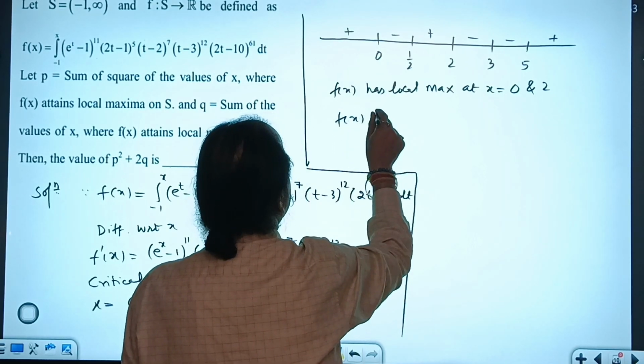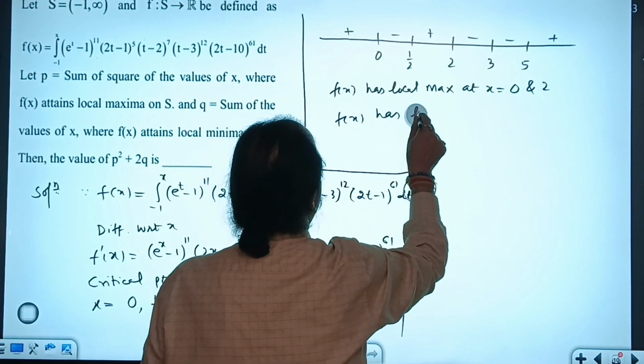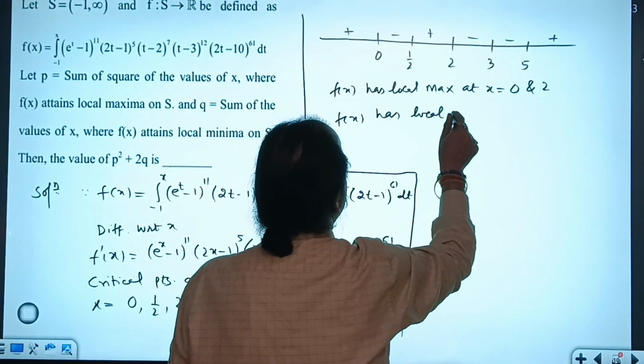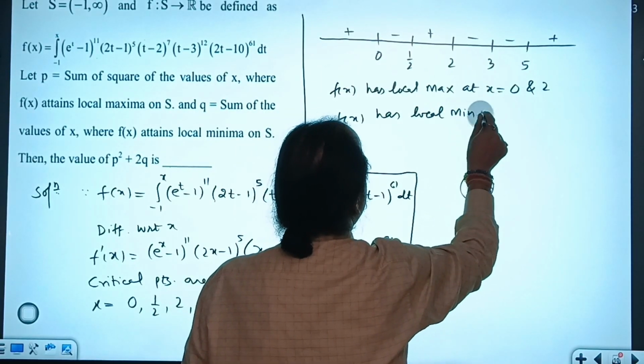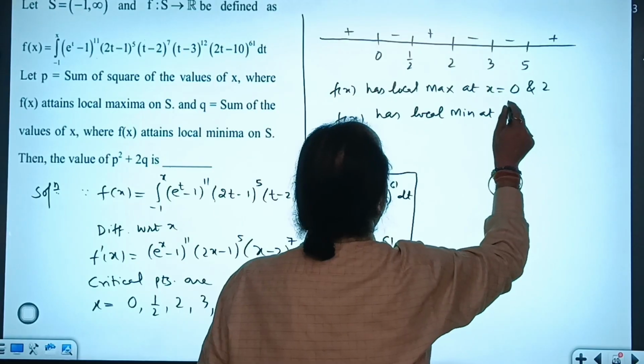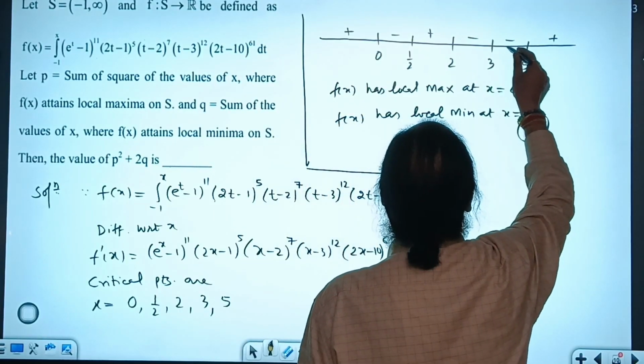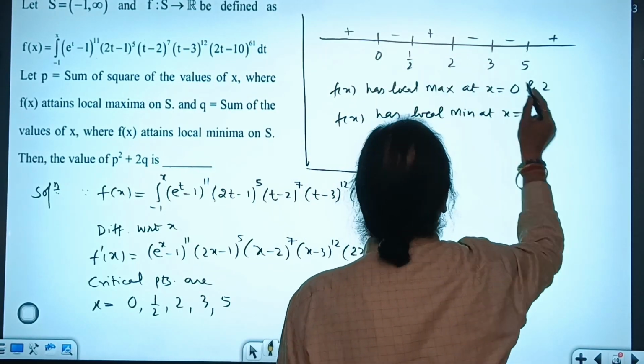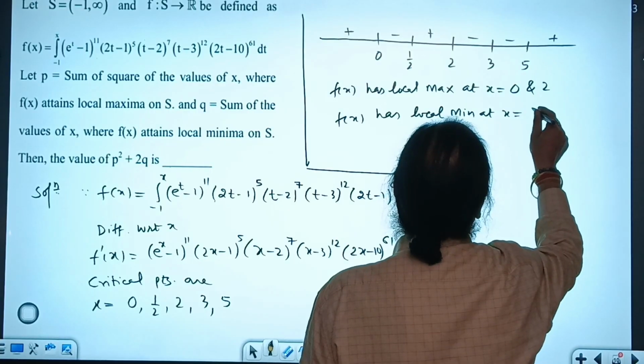F(x) has local minimum at x equal to half and 5.